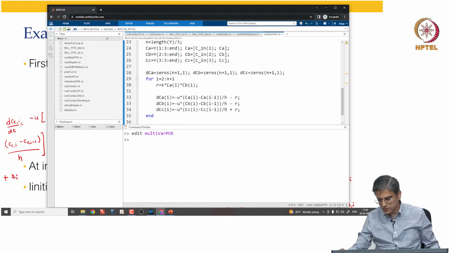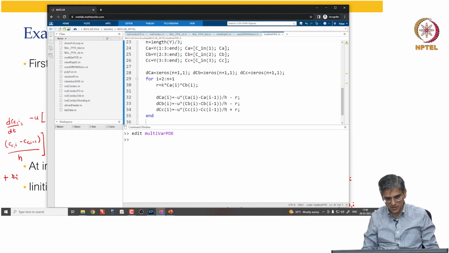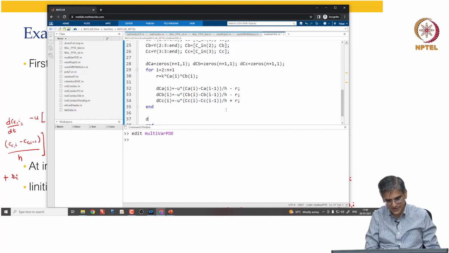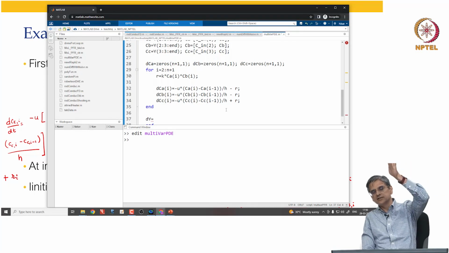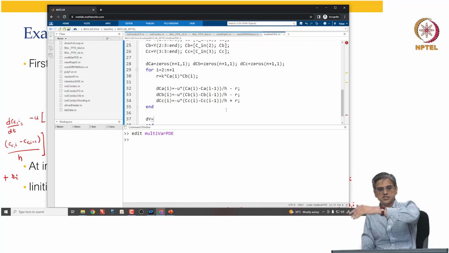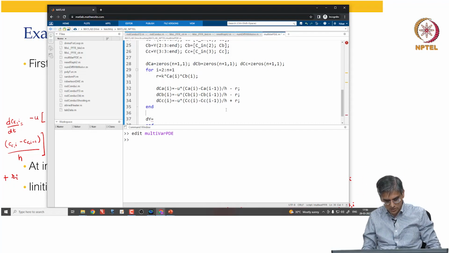Now what we need to do is to get our dy. So what do we have? We have to calculate Ca, then Cb, then Cc, Ca, Cb, Cc, Ca, Cb, Cc and so on. So we can do that in a for loop.